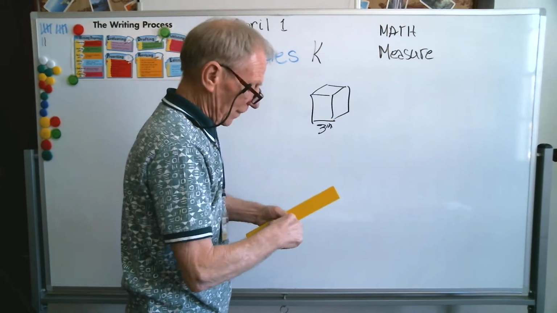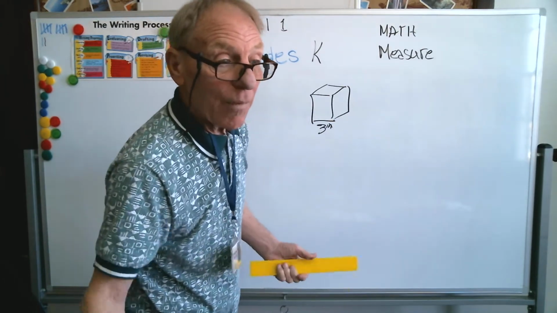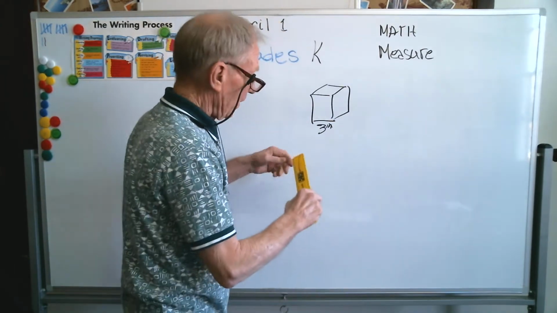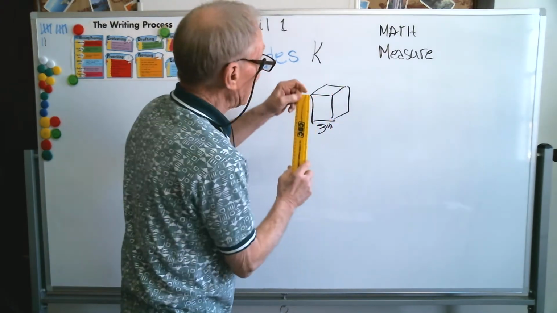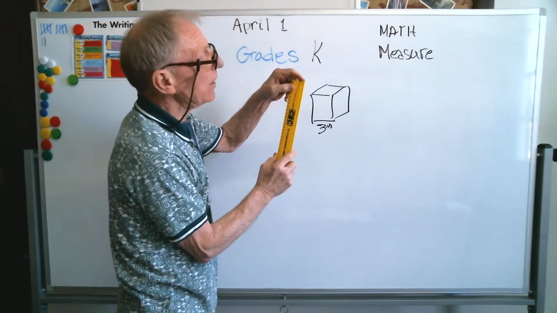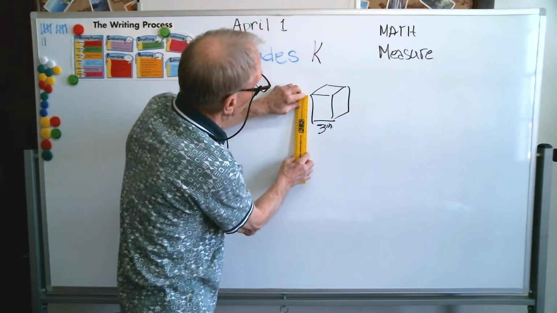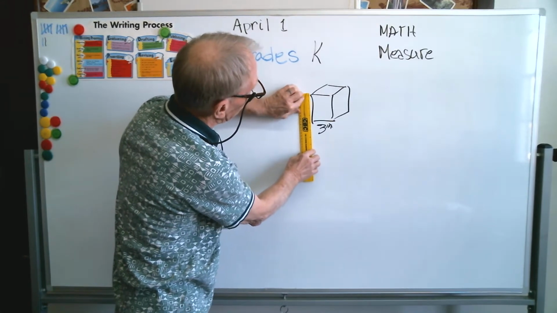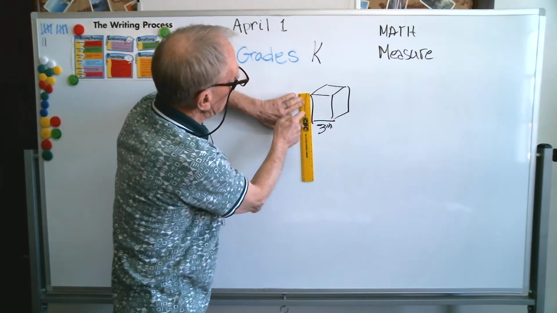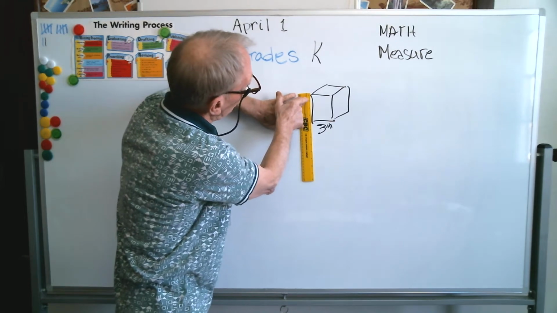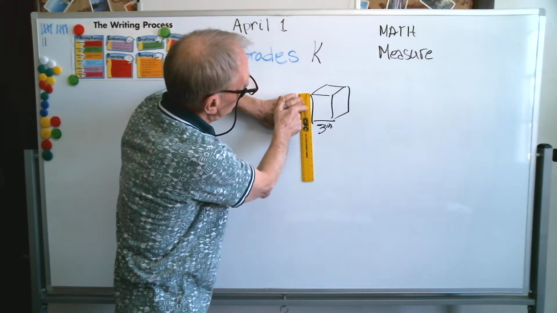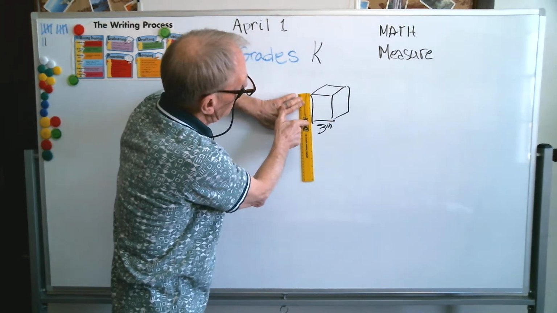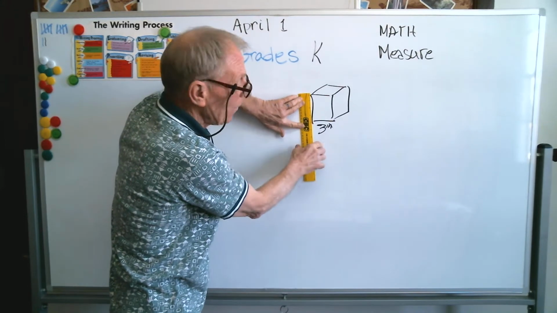And I wonder how high it is. So we take our ruler again, and remember, you always start at 0, put it right at the edge of it, and then you come down and you count and look at the numbers. 1, 2, 3, 4.